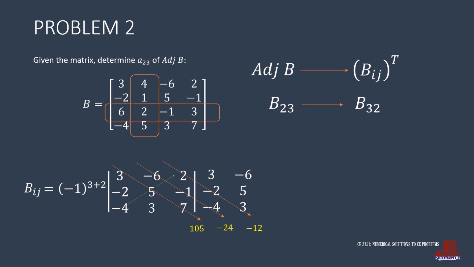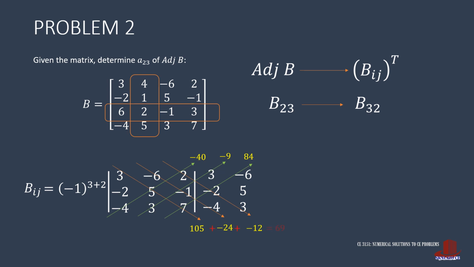The anti-diagonals start with negative 4, 5, and 2, which give negative 40. The next has 3 times negative 1 times 3, which make negative 9. The third anti-diagonal has 7 times negative 2 times negative 6, resulting to 84.